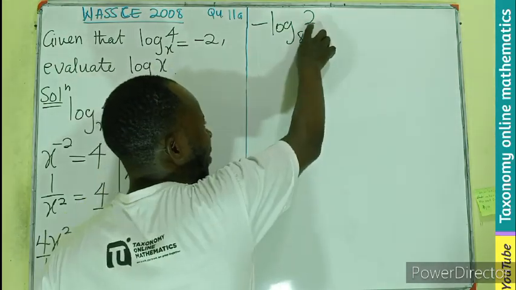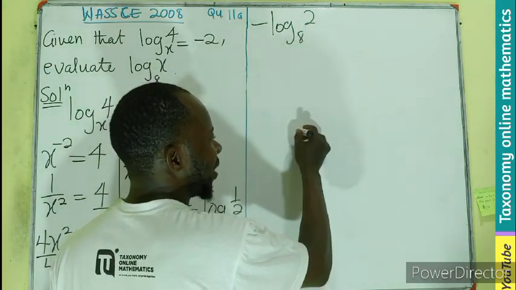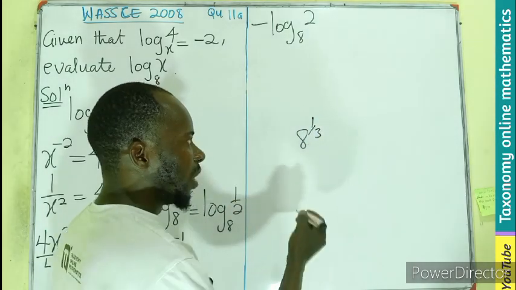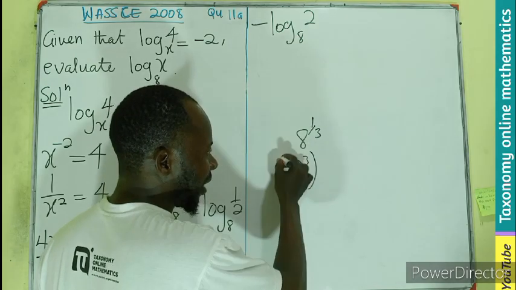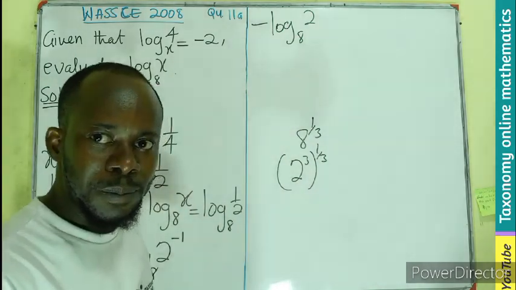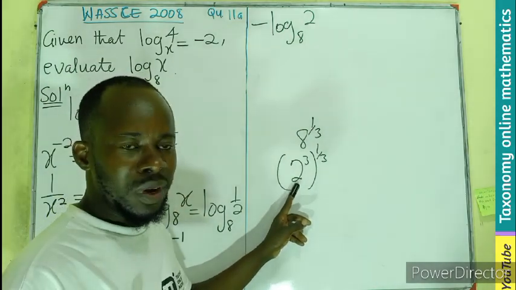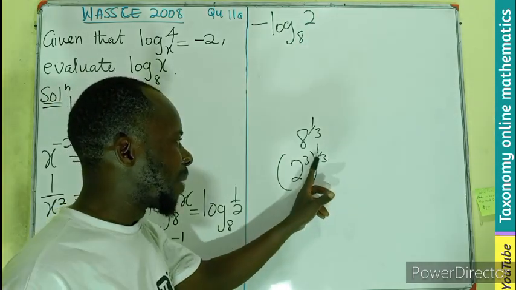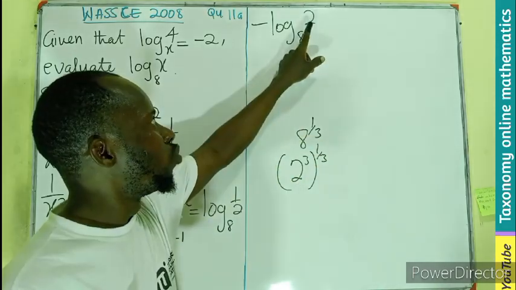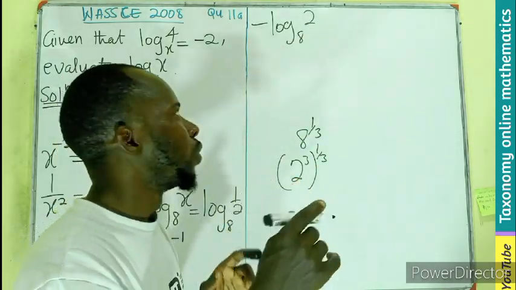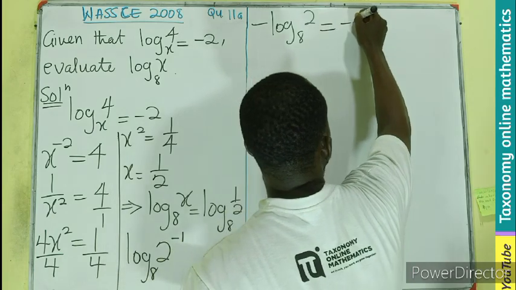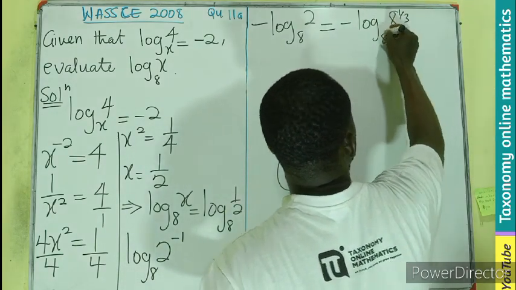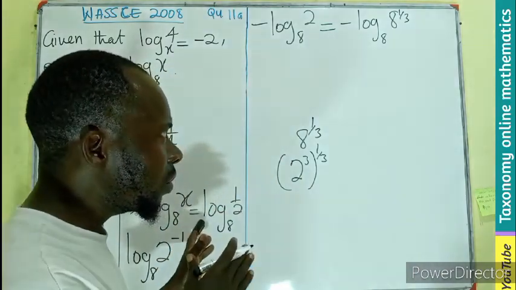So if I want to get this back, I can also say that 8 exponent 1/3 is the same as 2 exponent 3 times 1/3. You know, we are looking for 2. If I raise it to the power 3, I'll be getting 8. But if I multiply it by 1/3, it will cancel to get me back the 2. So I can rewrite this as negative log of 8 exponent 1/3 base 8.